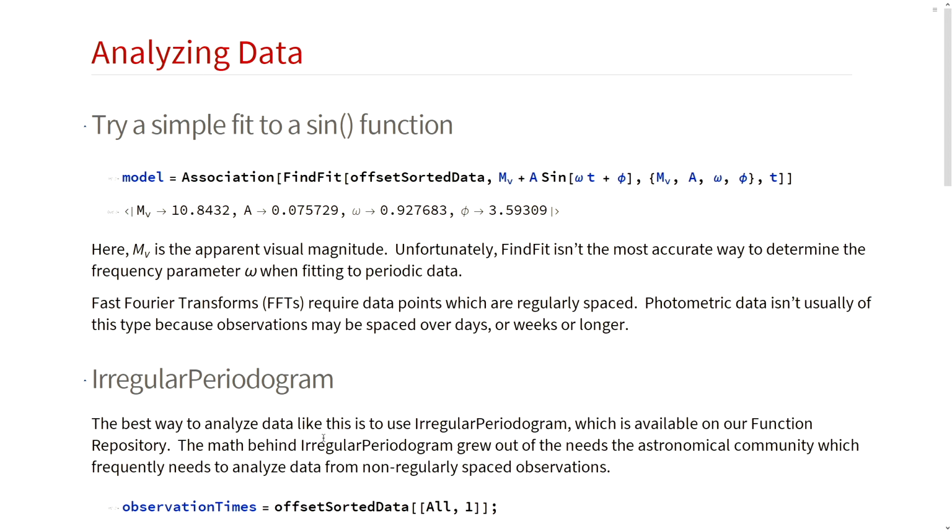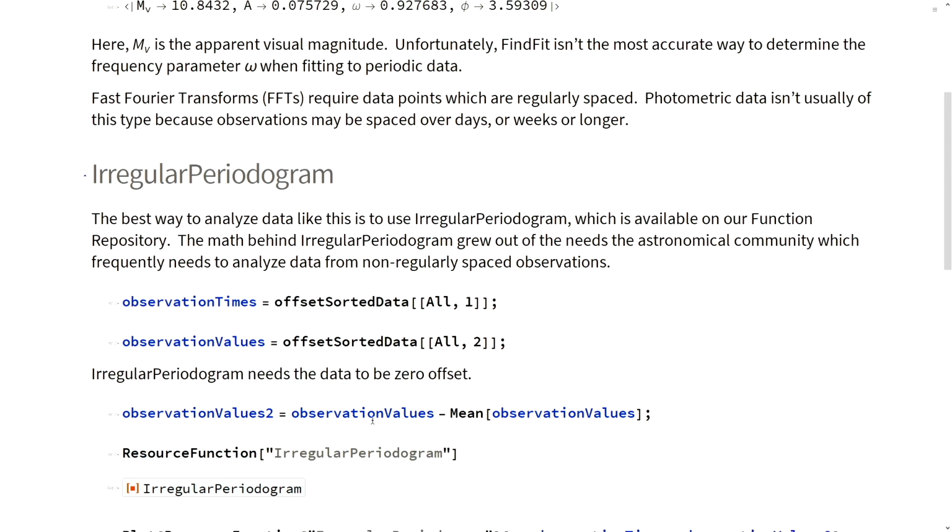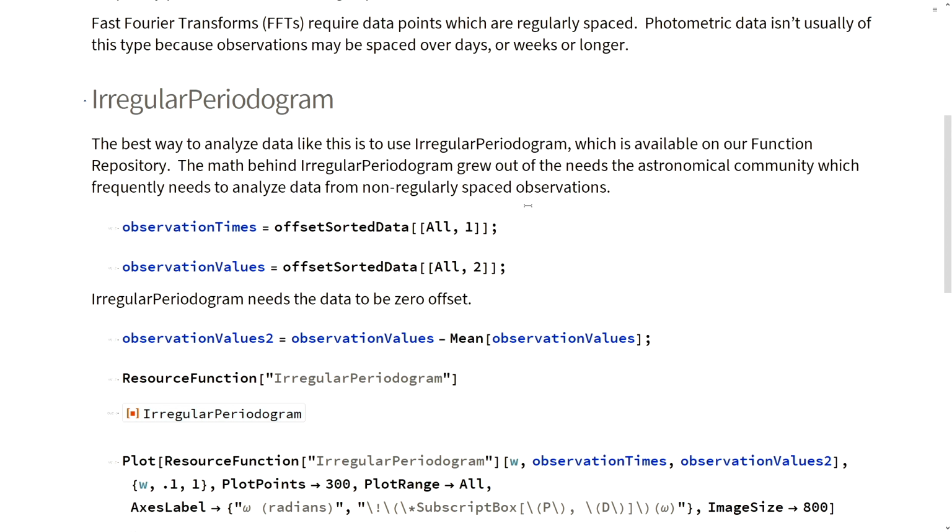Luckily we have such a thing, and it's available in our Function Repository. To use this, we just have to split out the observation dates and the observation values, and we have to offset them by the mean because it needs to be zero offset.